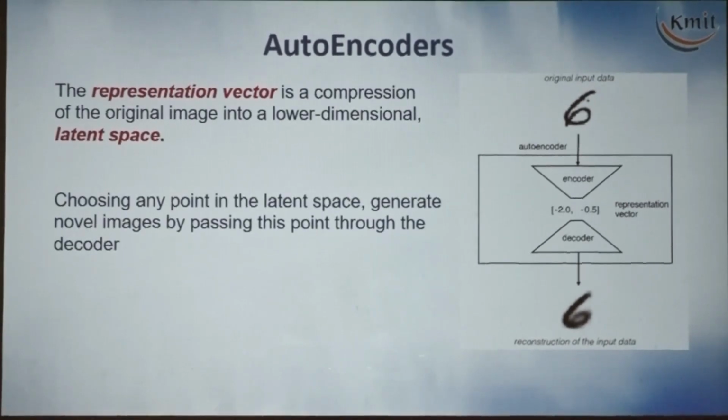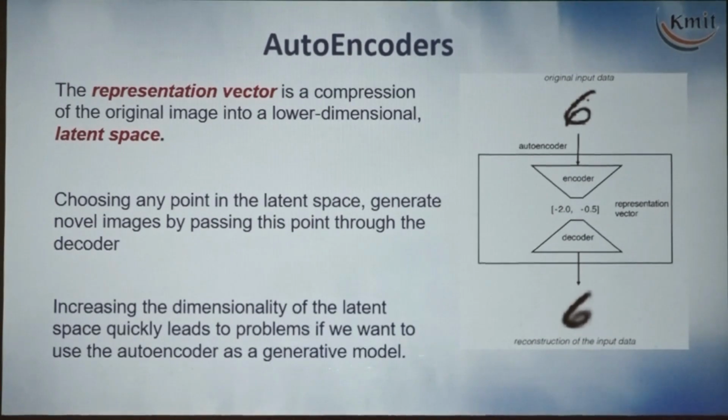The representation vector is the compression of the original image into a lower dimensional latent space. Choosing any point, here we have 2 points, you can start from any point and you should be able to generate the original image. Your model has to be trained like that, right?